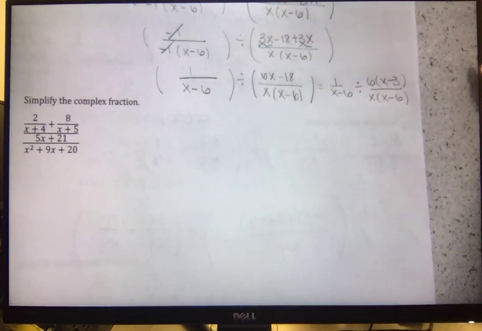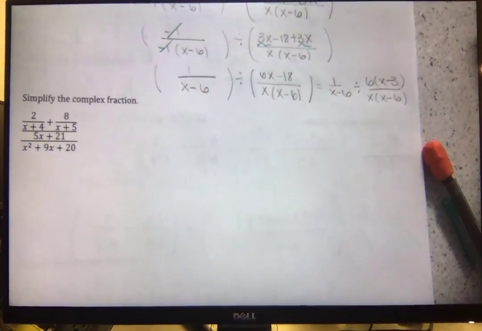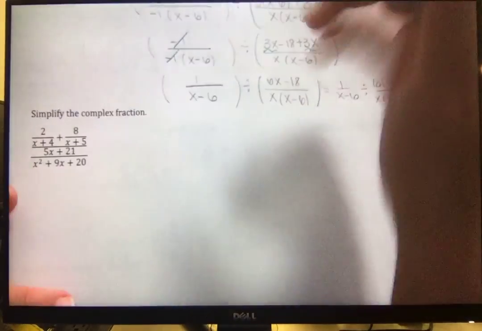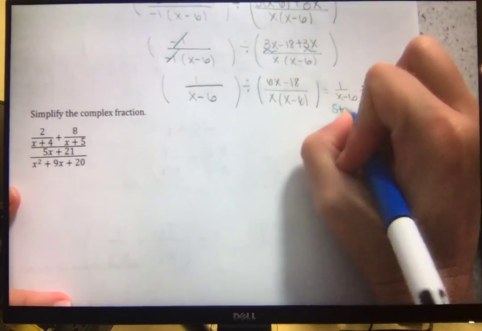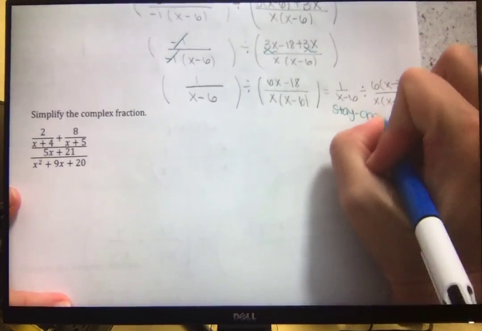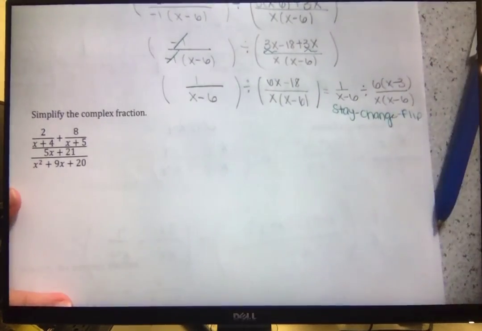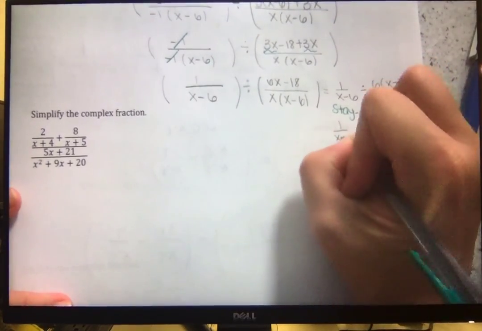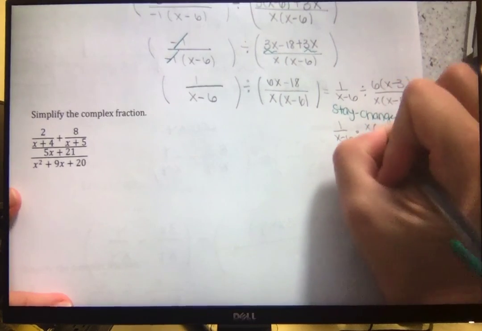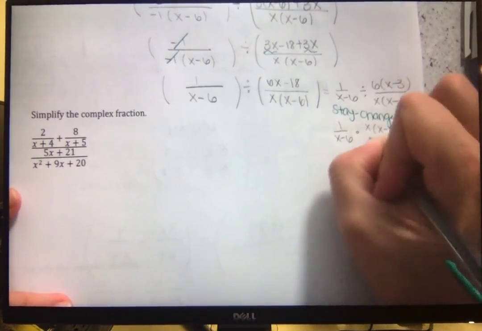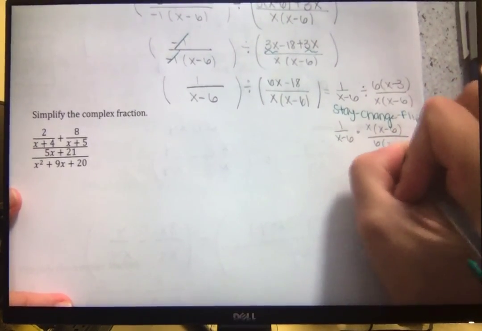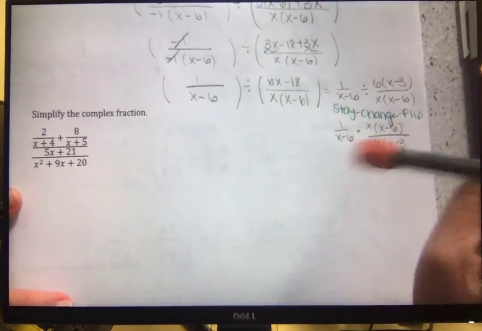Now bringing it together, we're going to divide. So we're going to stay change flip. The hard part's done. So 1 over x minus 6 times x minus 6 all over 6 times x minus 3.